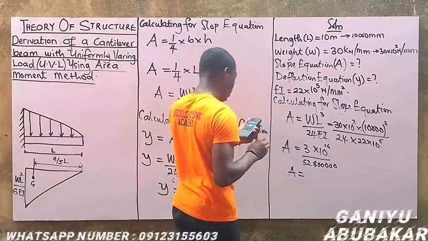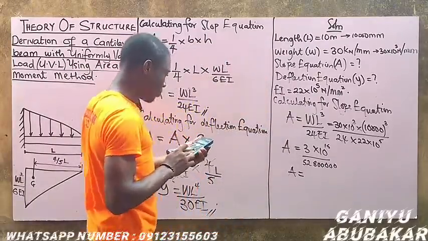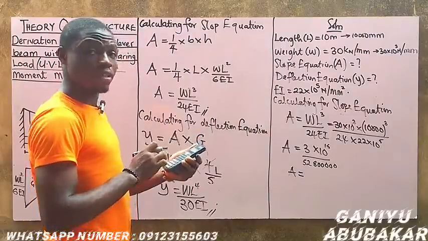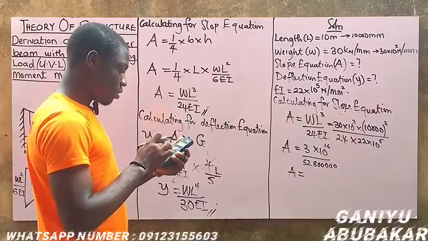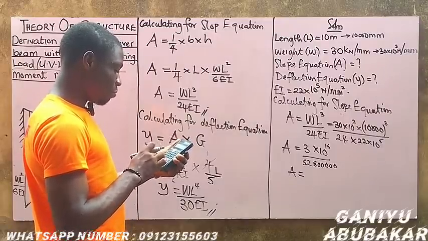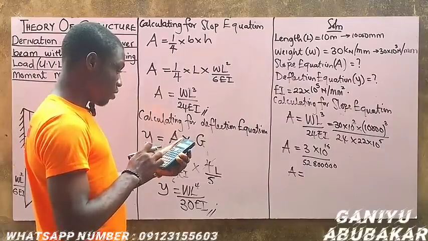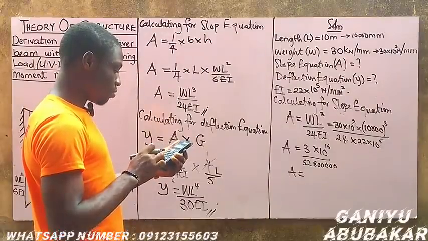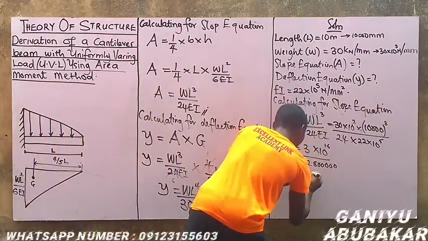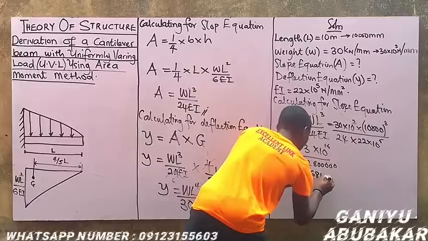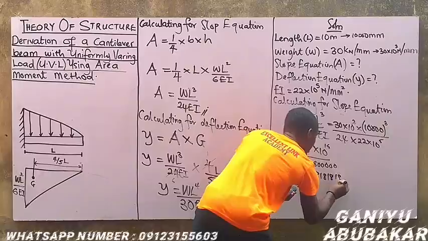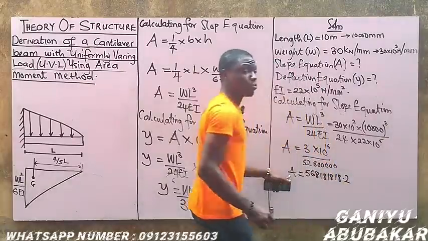My value there becomes 568181818.2. This is the slope, right?